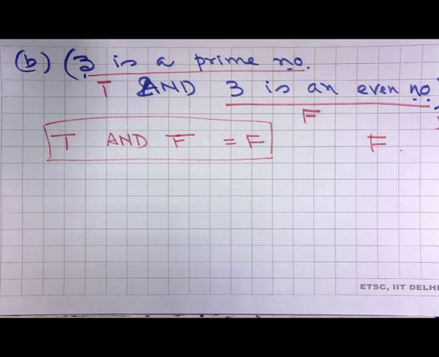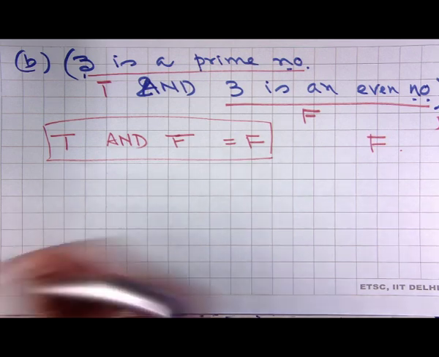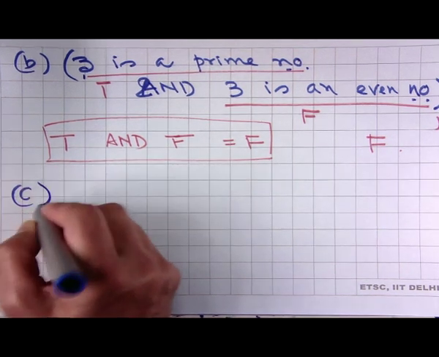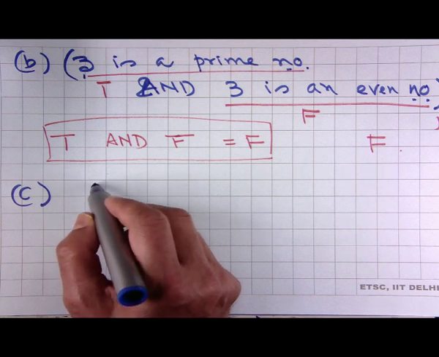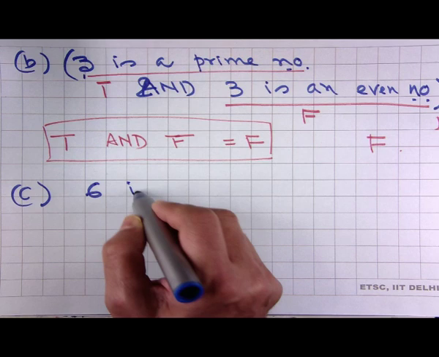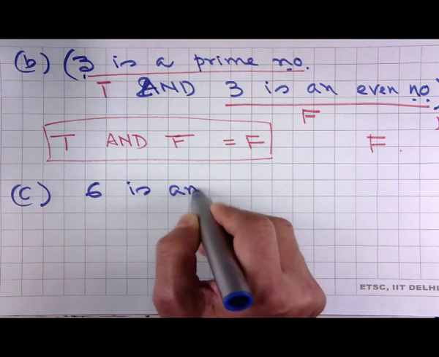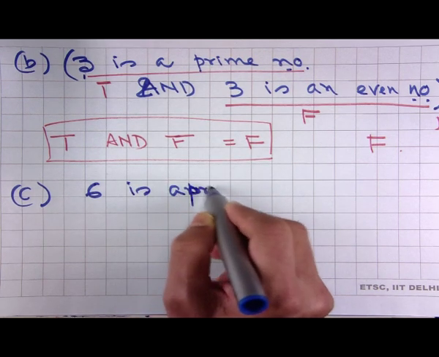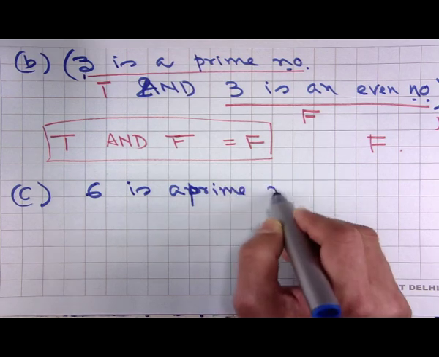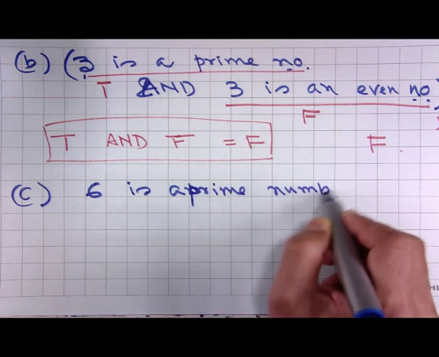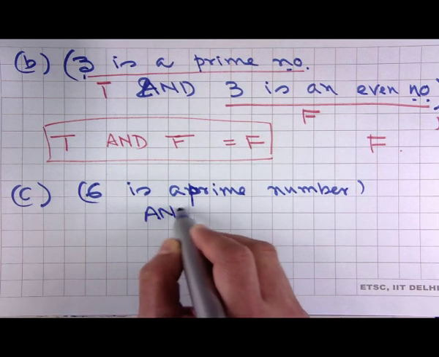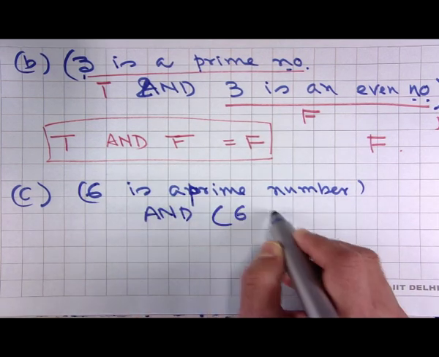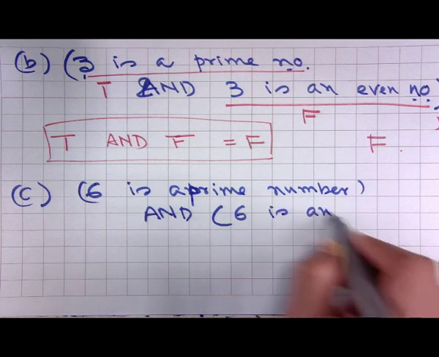Case C, 6 is a prime number and 6 is an even number.